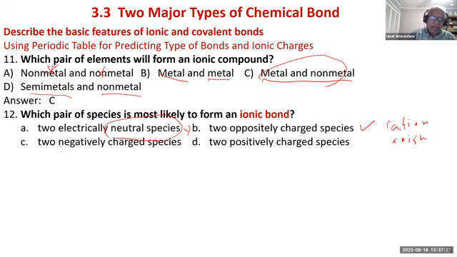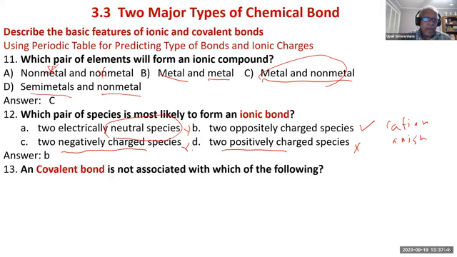Two negatively charged species repel each other. Or two positively charged, these two are wrong. Ionic bond is formed by two oppositely charged species, which are cation and anion. Answer is B.